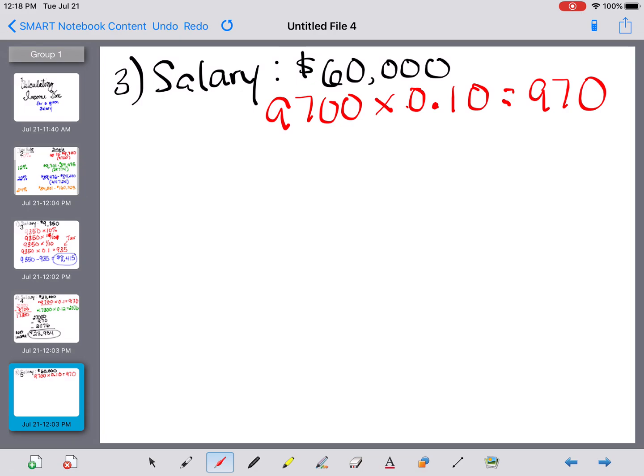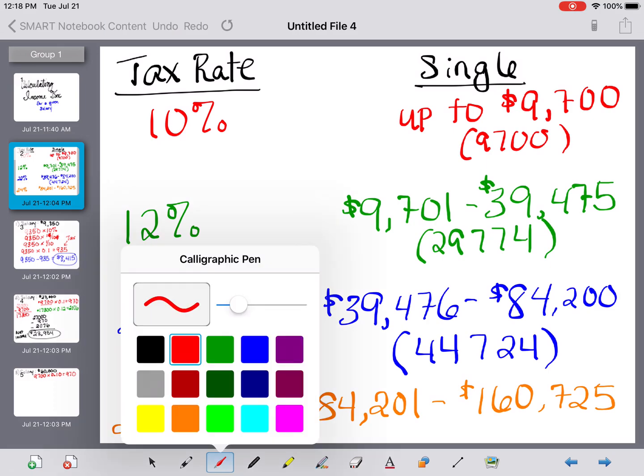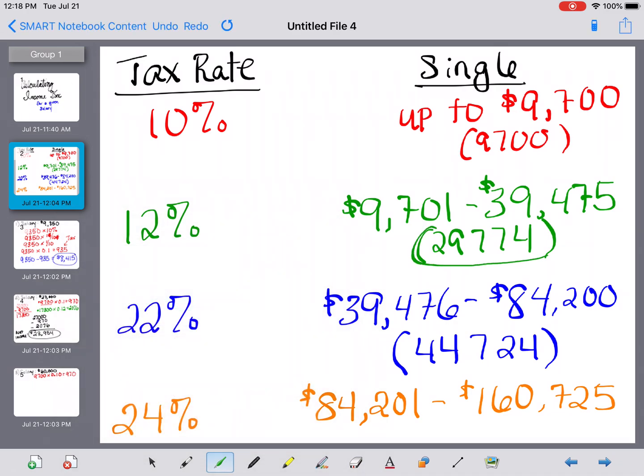All right, our next one is that 12% or that green one. And this is why we calculated those maximum numbers, because now that we know we're going to maximize this entire green row, because the number that we're dealing with is bigger than the 39,000 maximum in the green section, I'm going to use that thing that we calculated in parentheses, this 29,774, because I want to use all of the money at 12%, and I don't feel like calculating that number another time.